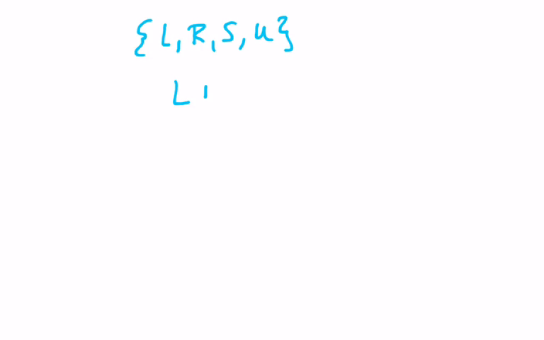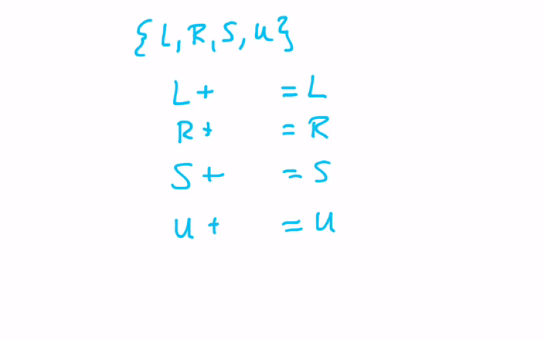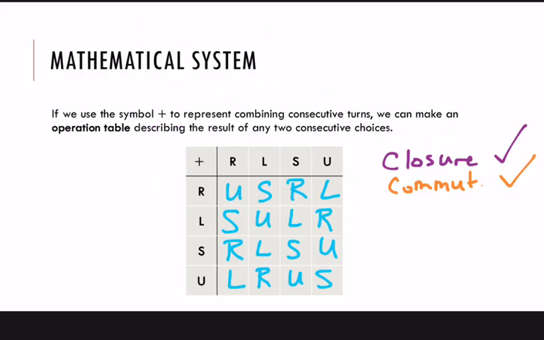So for instance, L plus something should equal L, R plus something should equal R, S plus something equals S, and U plus something should still equal U. Now just like with 0, we want it to be the same element that works for all 4 of these equations. We're looking for one identity element. All right, so if you've caught on to this, and if you've already figured this out, you can look from the chart here.